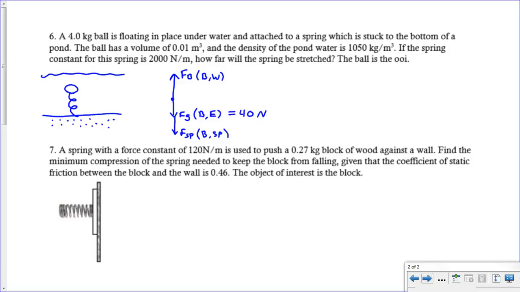You know that the buoyant force is equal to G times the density of the fluid times the volume, which in this case is 10 times the density of fluid, 1050. And I've given you the volume this time, 0.01.